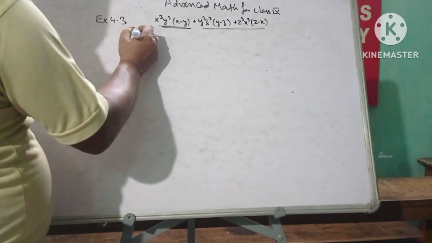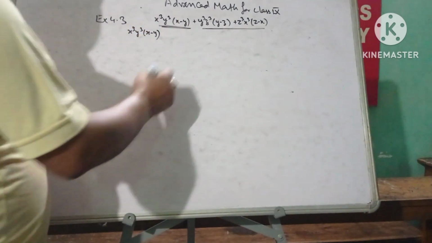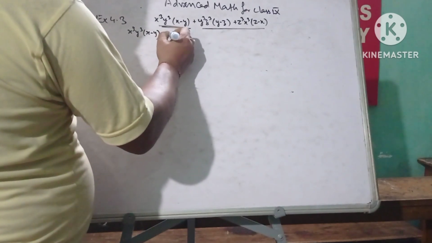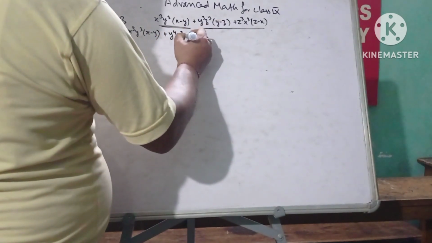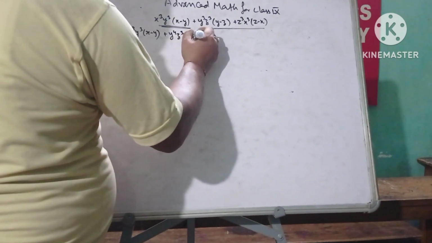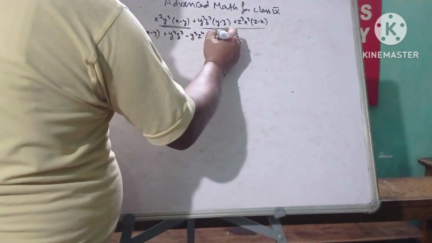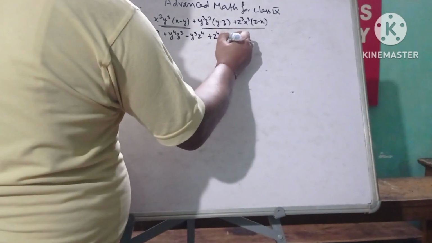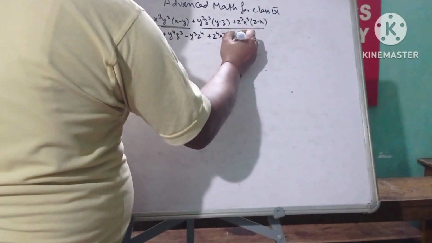So what will happen, you see, x cube y cube (x minus y). So this will be y^4 z cube minus y cube z^4 plus z^4 x cube minus z cube x^4.